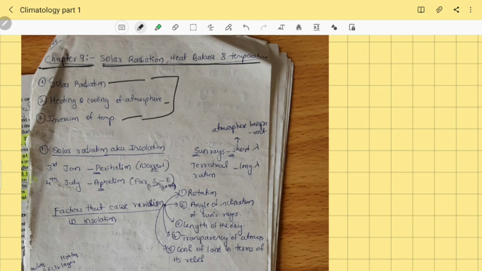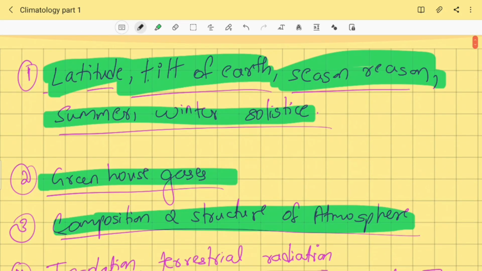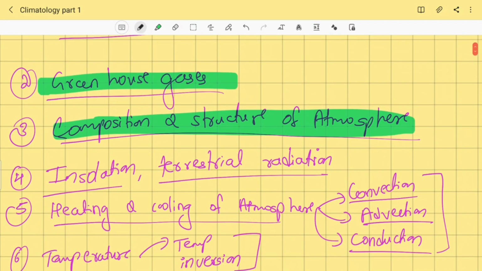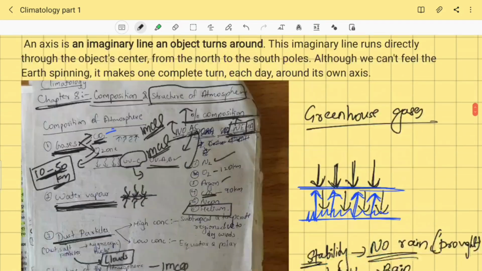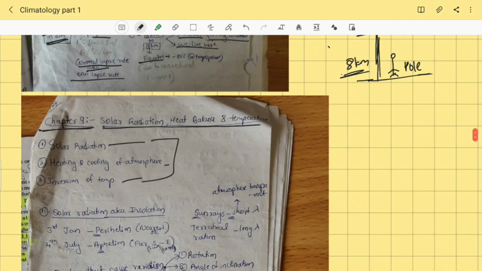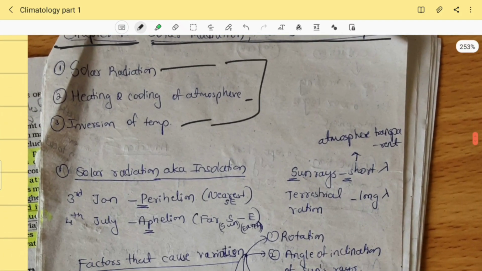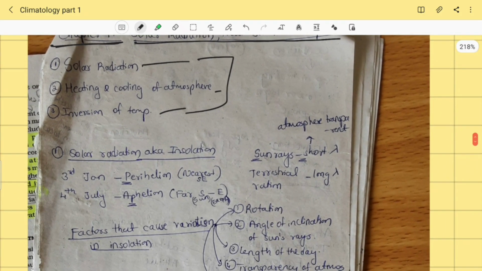So these three topics. First, let's study insolation and terrestrial radiation. What is insolation? What is terrestrial radiation?